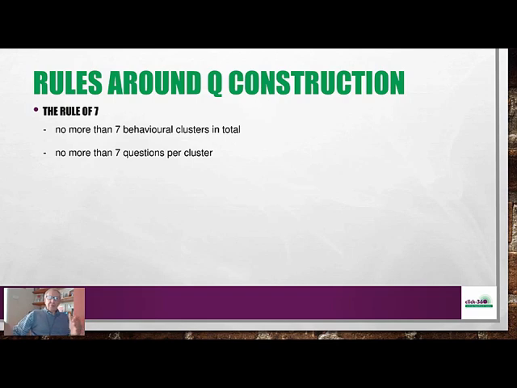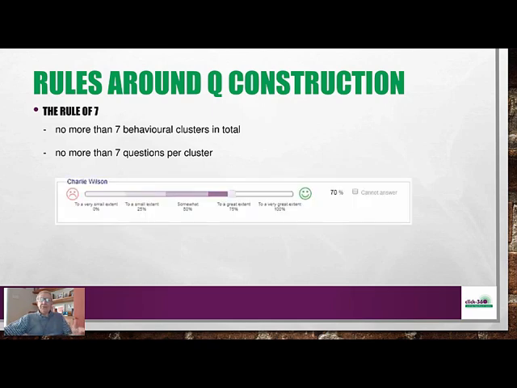Actually, 4 questions per cluster, properly constructed, are usually enough to ensure reliability and validity. Now, there's a caveat to this, because over time we've constructed some questionnaires that only feature 3 behavioral clusters, in which case we've allowed up to 12 or so questions per cluster. Just remember the overall goal of between 30 and 40 questions in total.